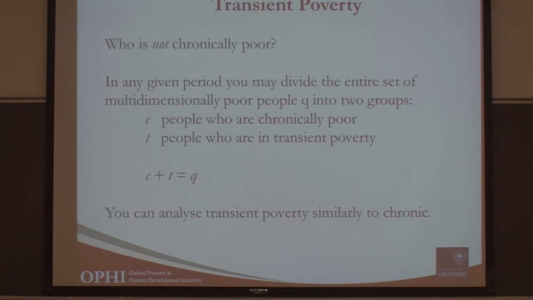So these are very simple ways of keeping everybody in view, not just focusing on the chronically poor. Why does it sum to Q? We're simply looking at the number of poor people, and a subset of them will be chronic and a subset of them won't be. Those we call transient.